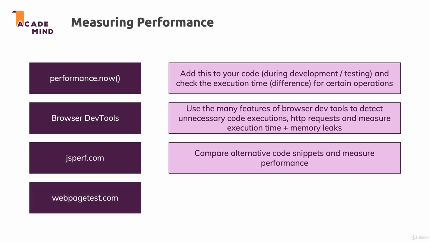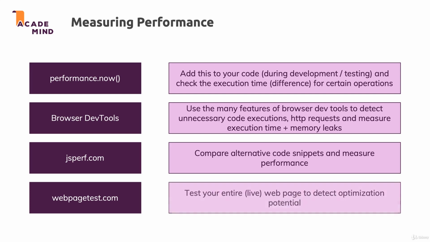You also have webpagetest.com, which is a site you can use to test a hosted website. So not your locally running one, but a hosted website, which then will give you a rich report on how that site performed and what you could look into there. Now, these are just some tools, and I can only recommend that you also Google website performance, JavaScript performance, to find more approaches and more tools that might work well for you.